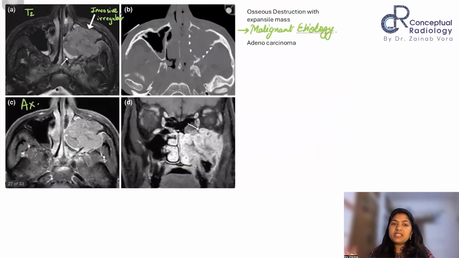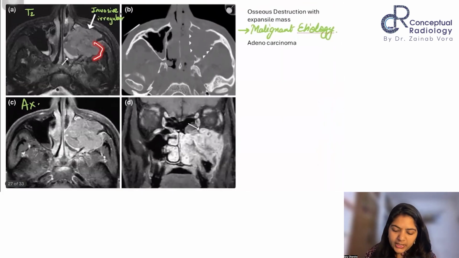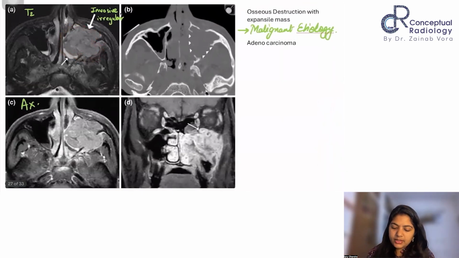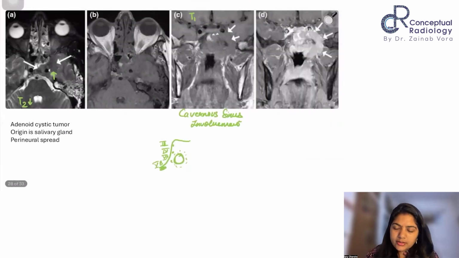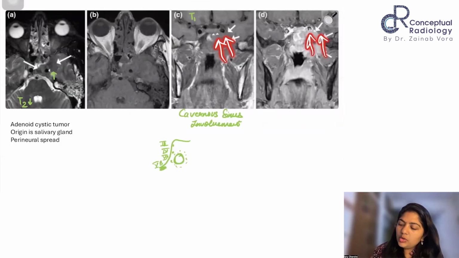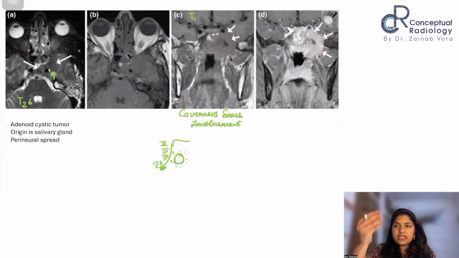Next, whenever we see a mass which is extending into places with a lot of enhancement, right? This is an adenocarcinoma of the maxillary sinus. One thing is clear, again, it is going everywhere in the adjacent areas. But another example I'm showing here is where it is extending into the dural venous sinus, that too in an expected location from where the nerves come in.